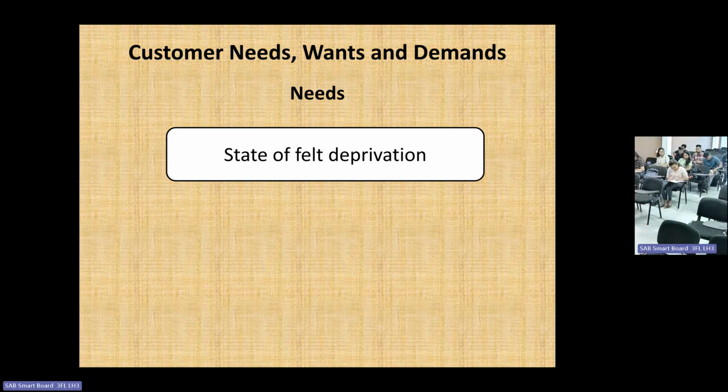Now my next question: do you think marketers can create this? Marketers can't create the need, because it's inbuilt and happens automatically. That also you can take down: marketers can't create the need.